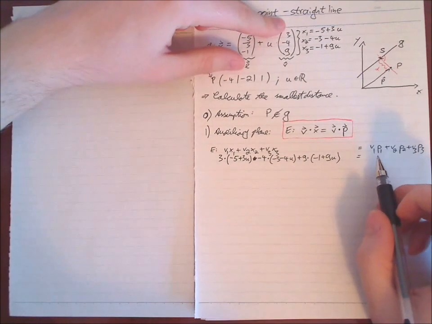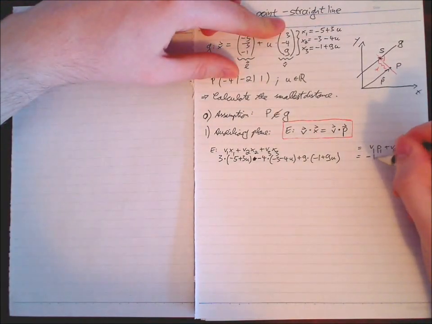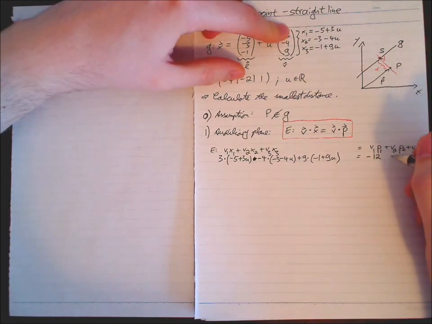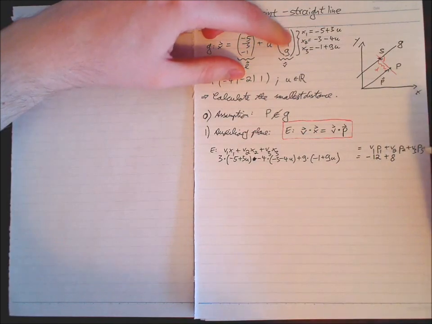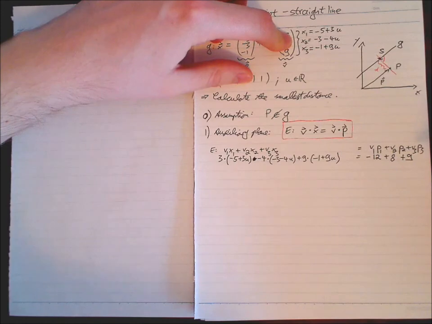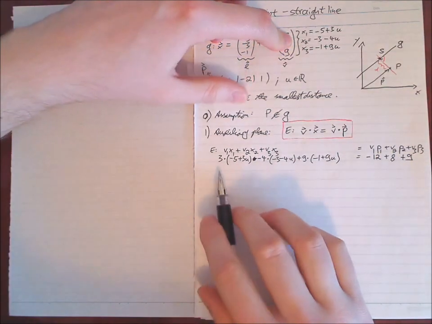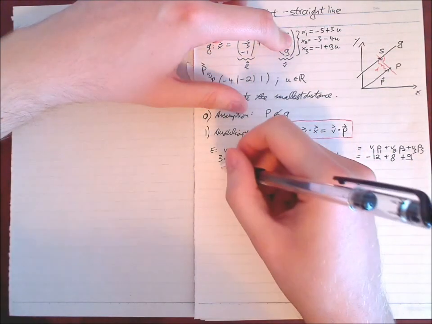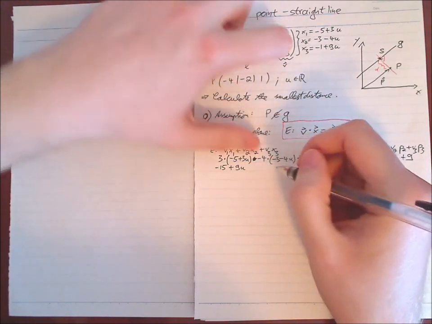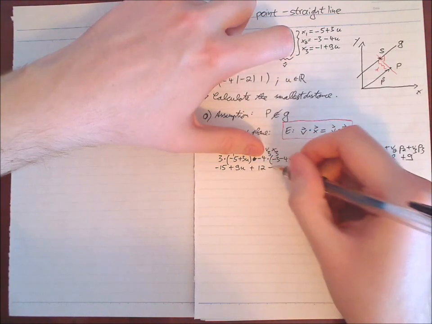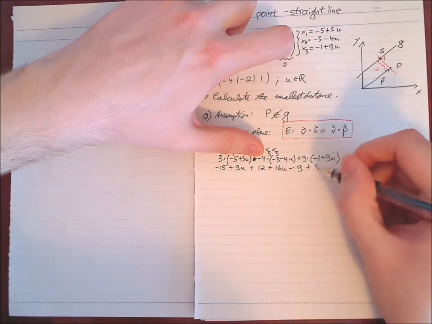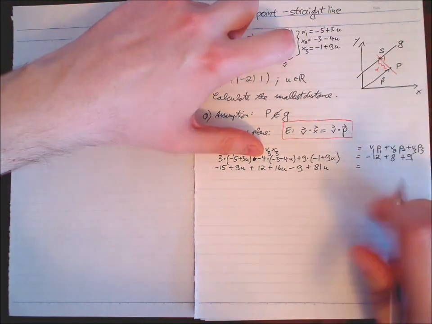So 3 times minus 4 is minus 12. v2 p2: minus 4 times minus 2 is plus 8. v3 p3: plus 9. So we have to multiply the brackets. We end up with minus 15 plus 9u plus 12 plus 16u minus 9 plus 81u equals.